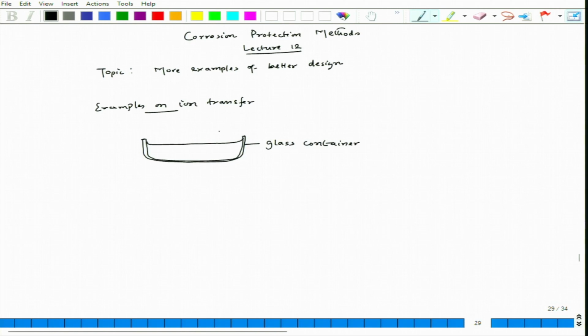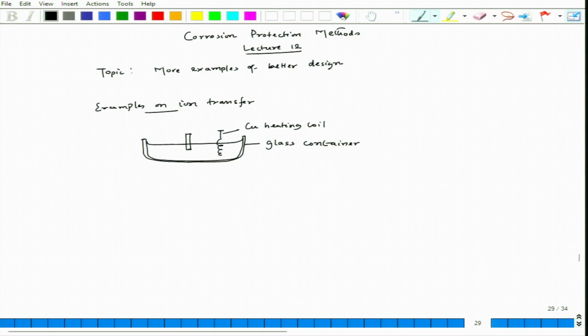We have a copper coil, a copper heating coil, and close to that heating coil we have a stirrer.